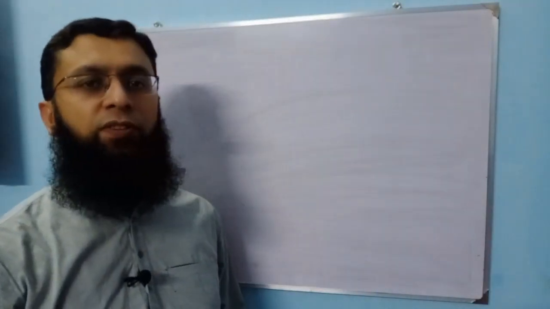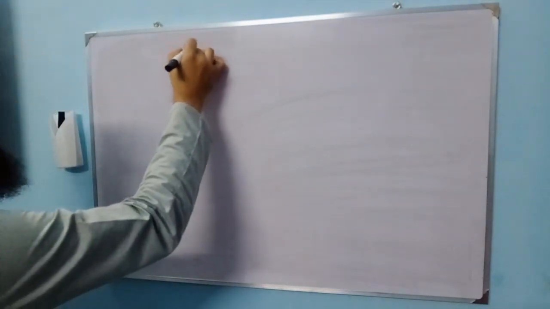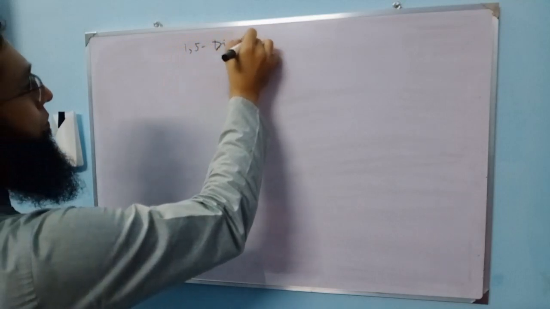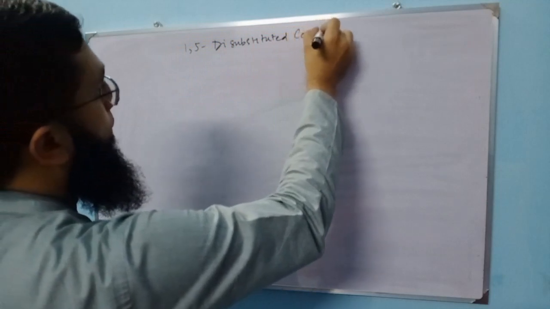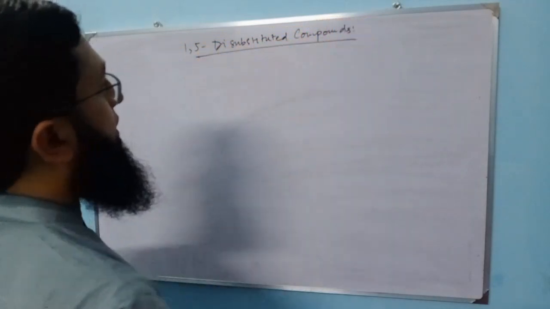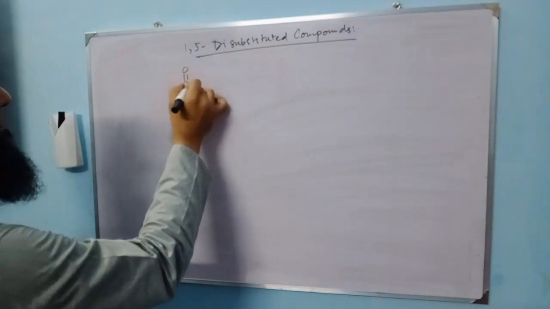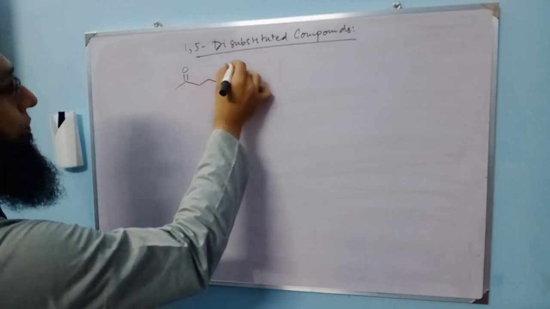Now we study 1,5 disubstituted compounds. This can be studied using this example.